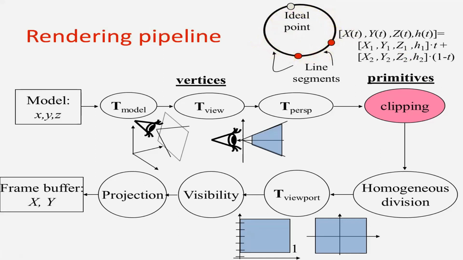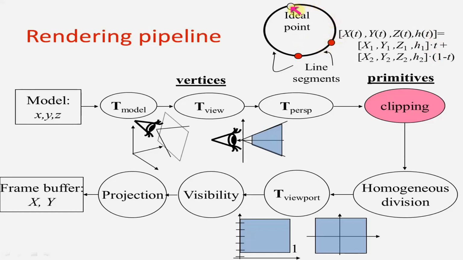To resolve this ambiguity, we specify endpoints with positive homogeneous coordinates h and define a line segment as a convex combination of the two endpoints. If the homogeneous coordinates h are positive for both endpoints, then the interpolated h cannot be 0, so this line segment doesn't contain the ideal point.